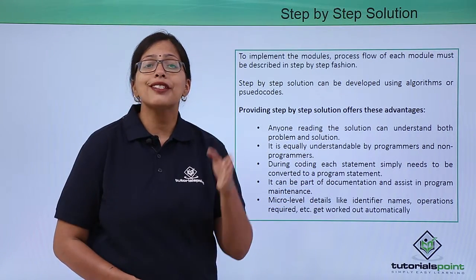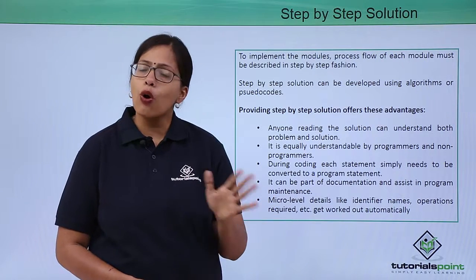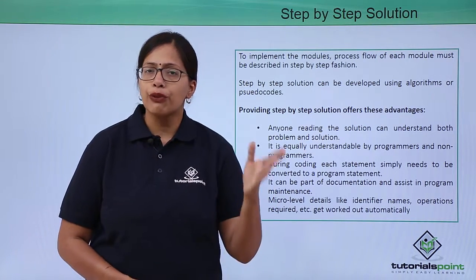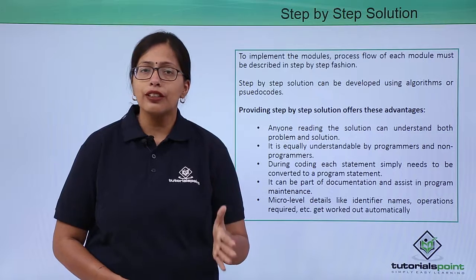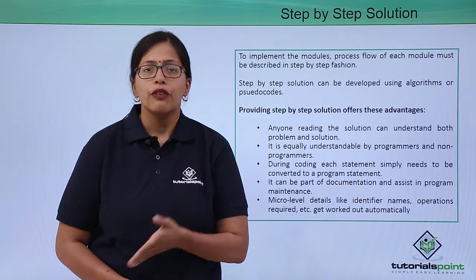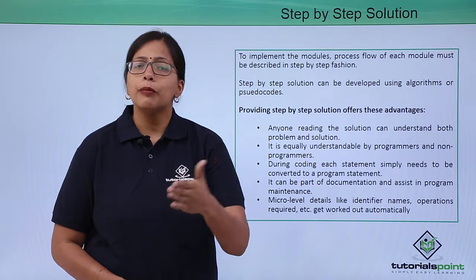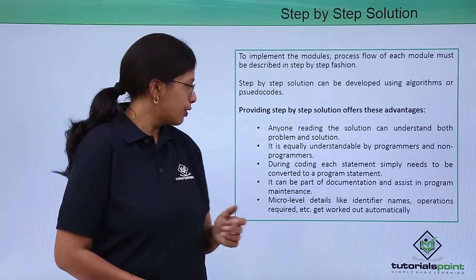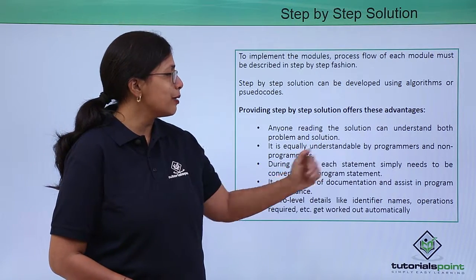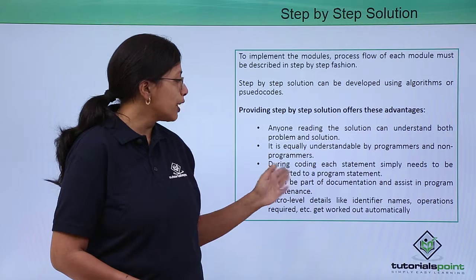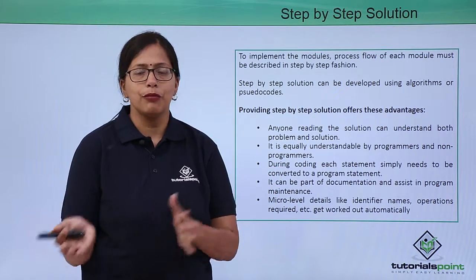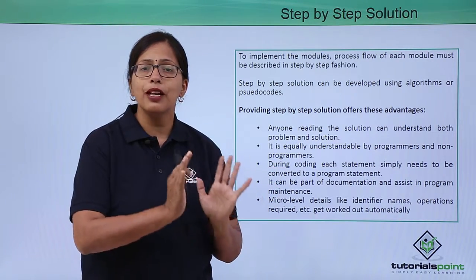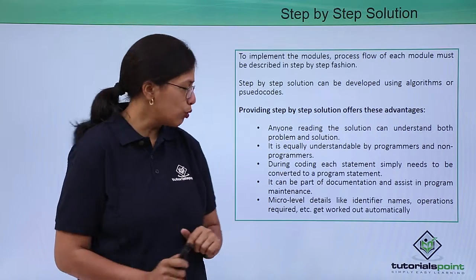Why? Because the step-by-step solution is always written using flowcharts or algorithms or pseudocode, which are easily understandable even by non-programmers. During coding, each statement simply needs to be converted to a program statement because they already have a step-by-step solution in the form of pseudocode.